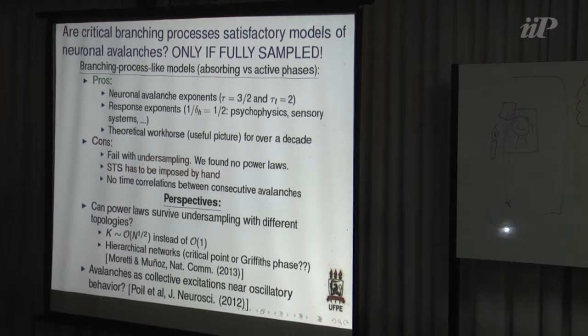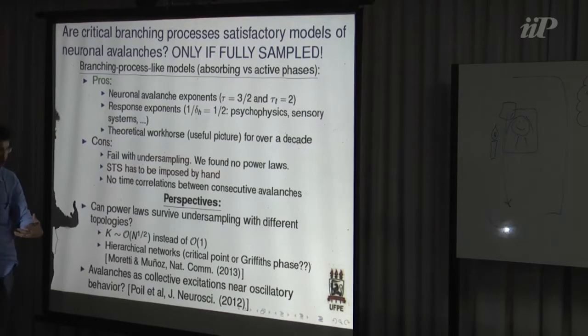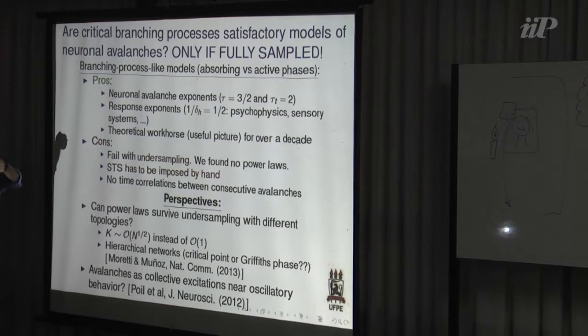Then maybe what we're seeing is not a critical point, but a Griffiths phase. I don't know. And there's also a very nice paper by the group of Klaus Linkenkaer-Hansen in Amsterdam, where they show not excitable neurons, as I've shown you, but oscillators that eventually, if you tune the parameters, will undergo collective oscillations.